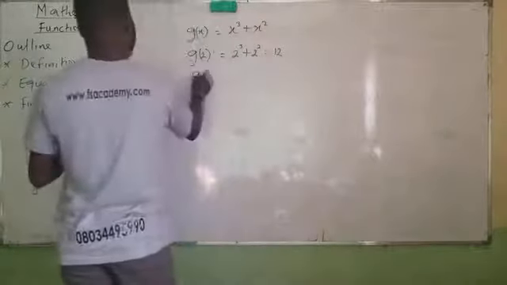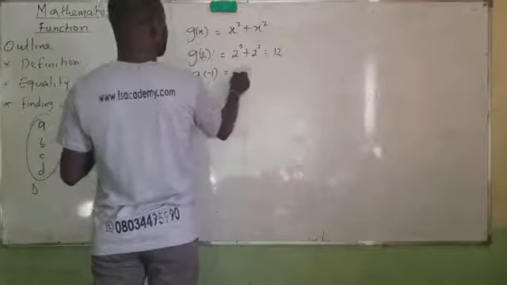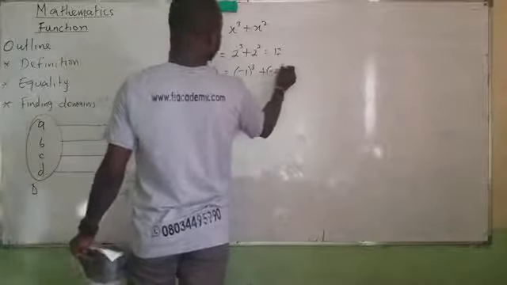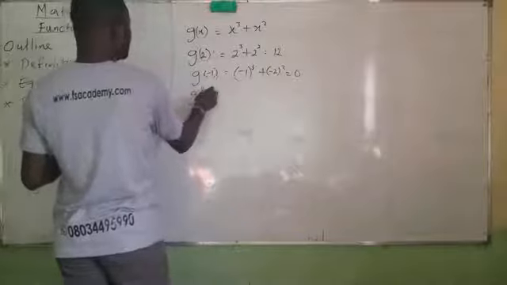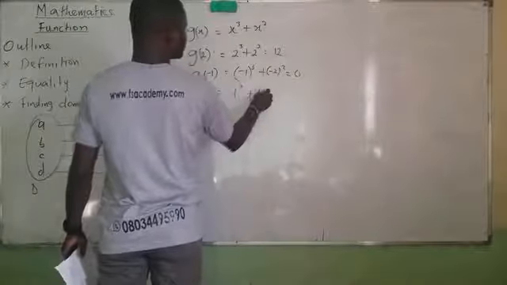My g of minus 1 will be equal to minus 1 cubed plus minus 1 squared, which is equal to 0. And g of t can also be equal to t cubed plus t squared.